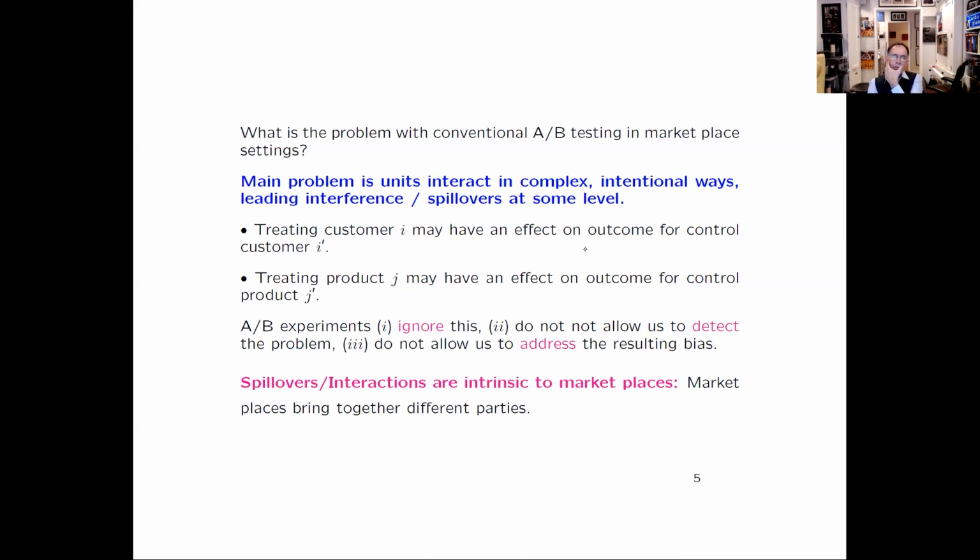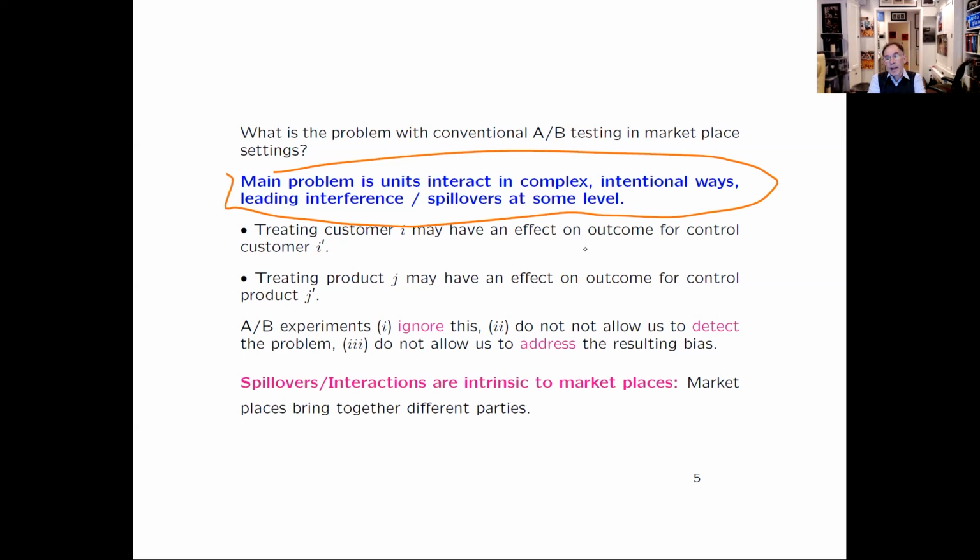The fundamental problem is that the units interact in these marketplaces in complex but intentional ways, and that leads to spillovers between customers, and may lead to spillovers between products. For example, treating one customer may have an effect on the outcome for another customer.